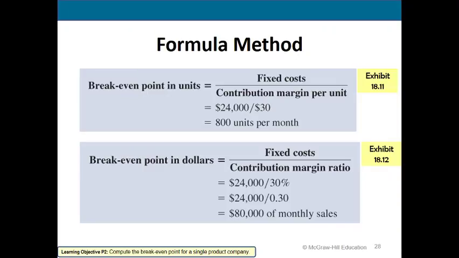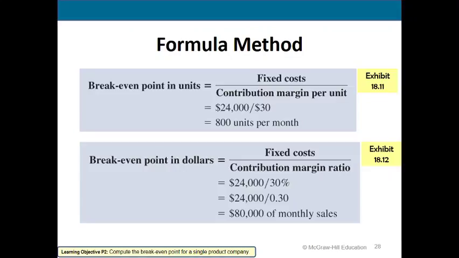As far as the formula method, you can do this in units or dollars. For units, you're going to take fixed costs as your numerator and divide it into the contribution margin per unit. Here, in this example, we have fixed costs of $24,000.